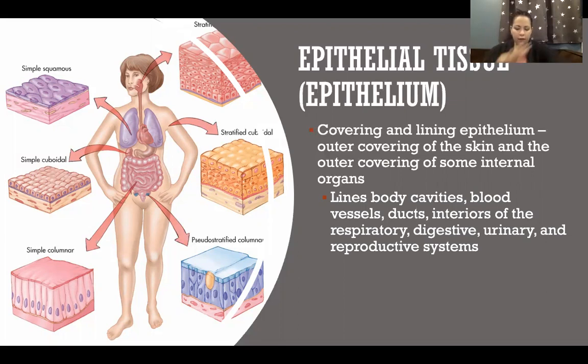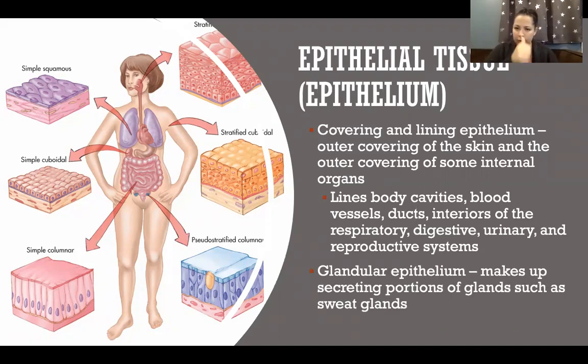Okay, so like the skin and the outermost part of the body, the mucous membranes inside the mouth, the lining of blood vessels, all of our tracts throughout the body of our many different systems, those are all lined by or covered with or both epithelial tissue.